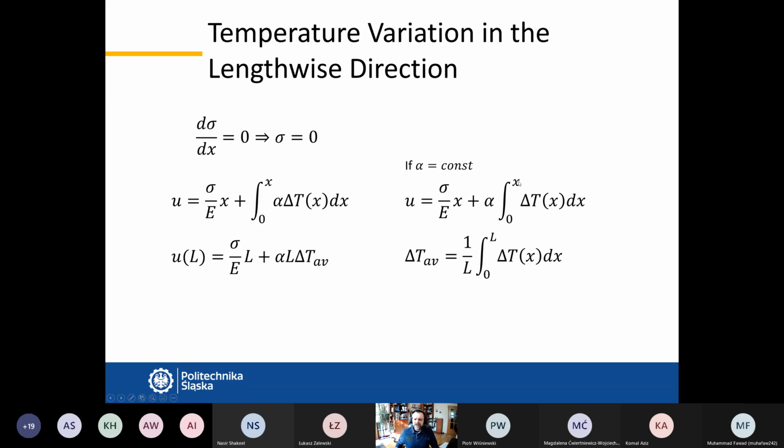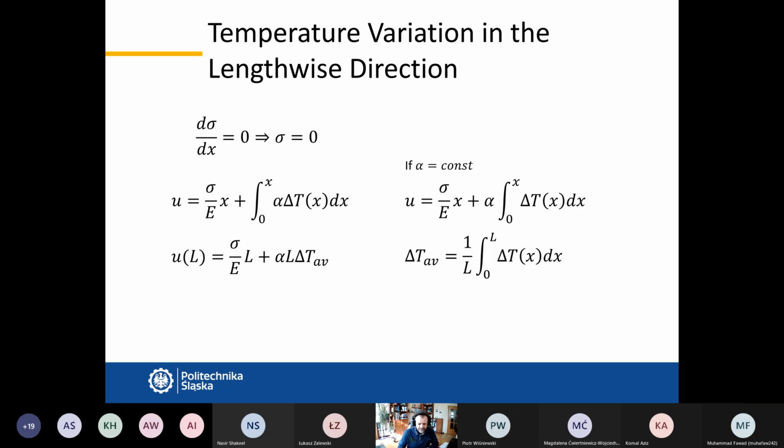If you integrate it, you will obtain 1 over L integral from 0 to L of delta T. And this is, let's say, the integral average of temperature. So instead of writing the integral here, you can take the average temperature, the integral average temperature in the object.